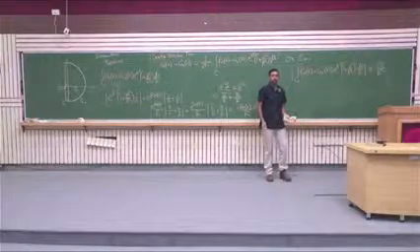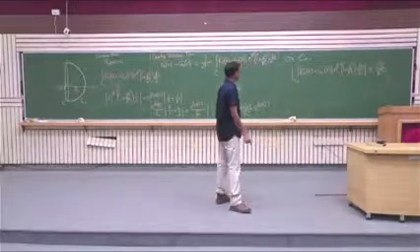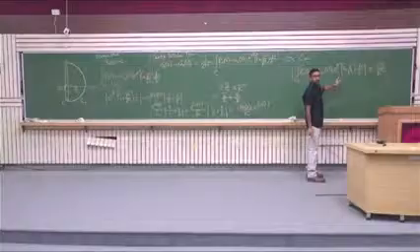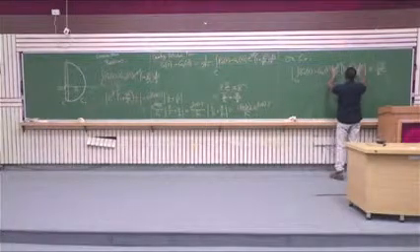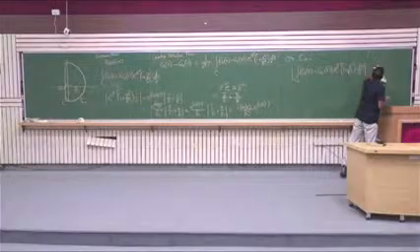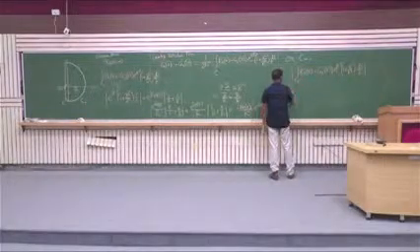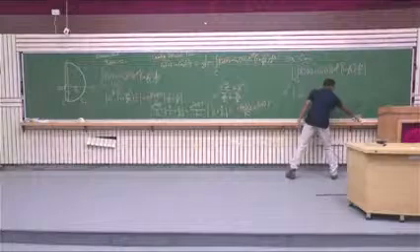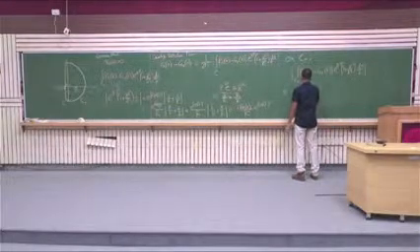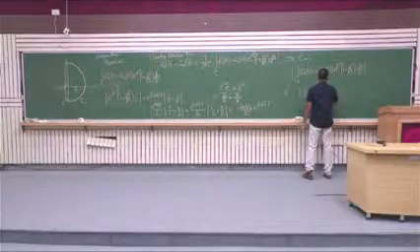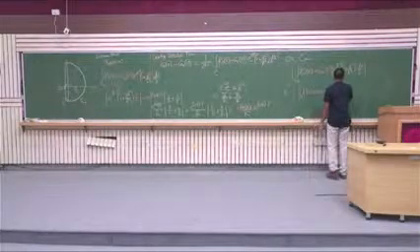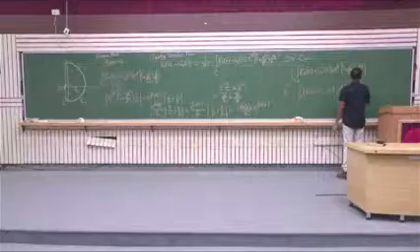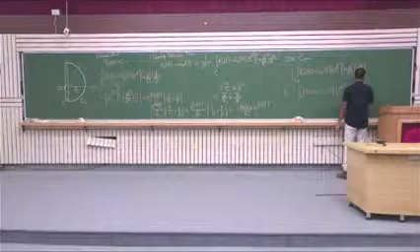Let's write it down again. So this part is less than or equal to the integral over C plus, g t z times e z t, 1 plus z squared by r squared, 1 by z.